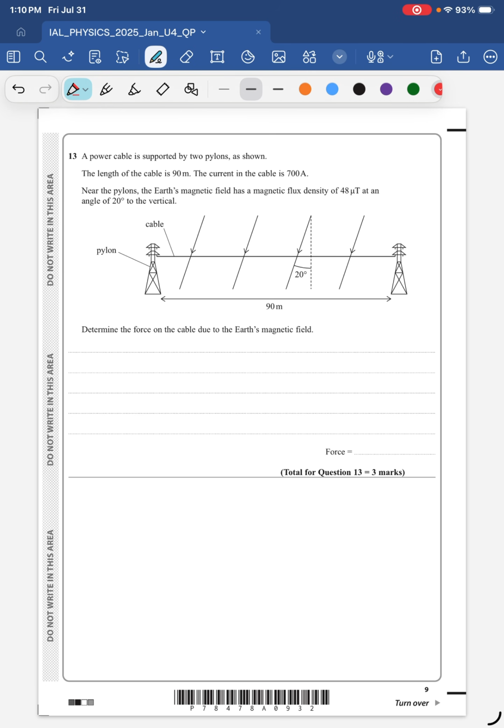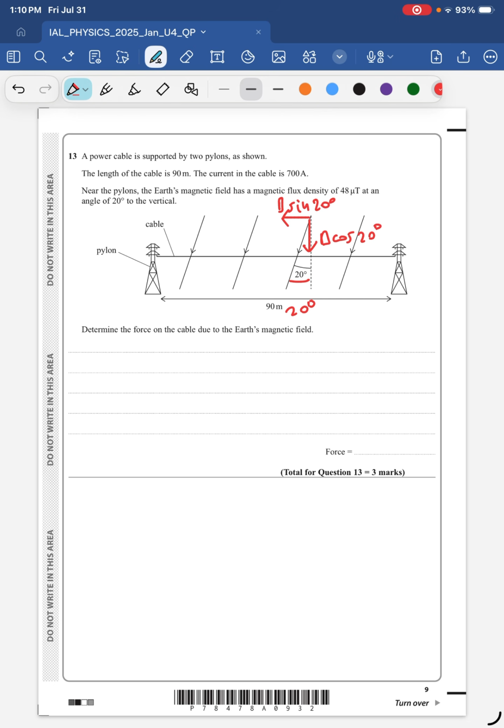Okay, that was a mouthful. So in other words, you can analyze this into a component that is horizontal and parallel to the cable, and a component that is perpendicular to the cable, like that. So that angle is 20 degrees. So this component is B sine 20 degrees, and the other one is B cosine 20 degrees.